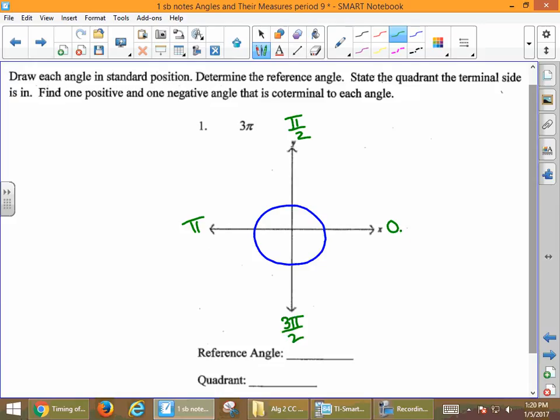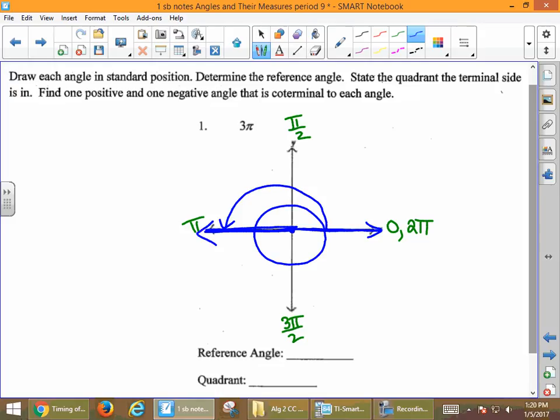And like I said, the full circle is 2 pi. So there's 2 pi, but then we have to go one more pi. So there's our representation. Here's our initial side, and here's our terminal side.